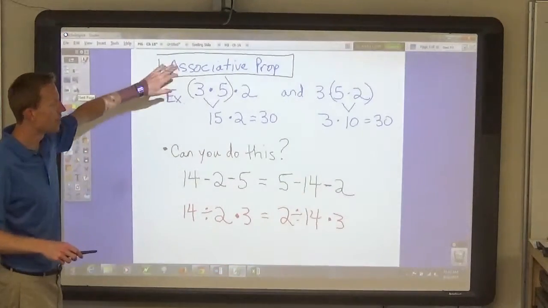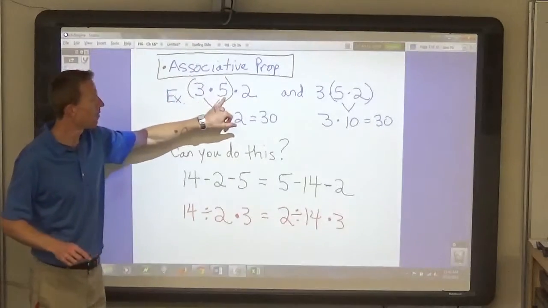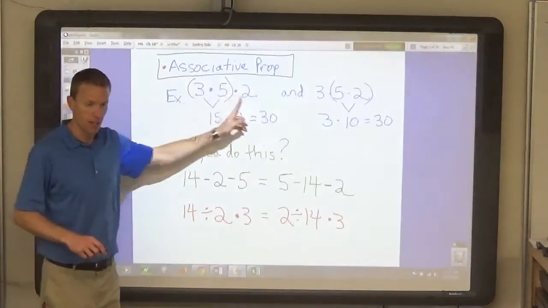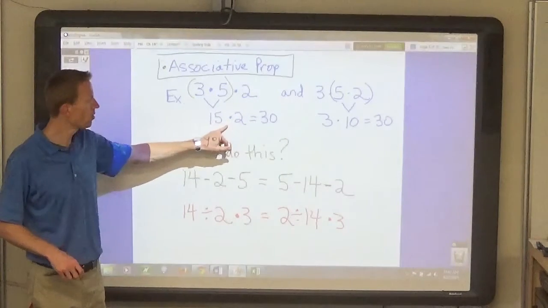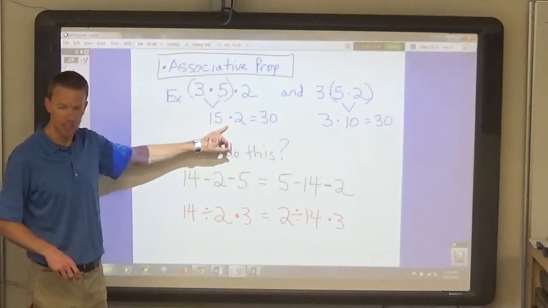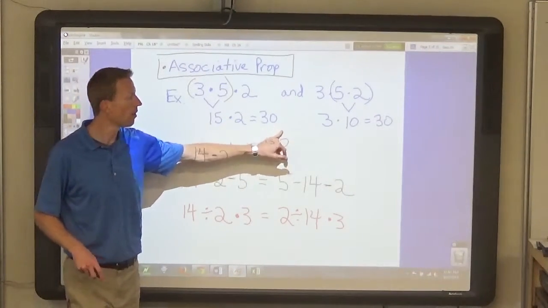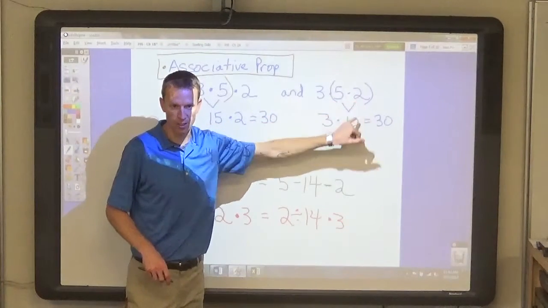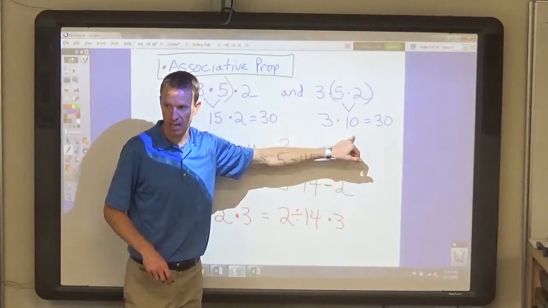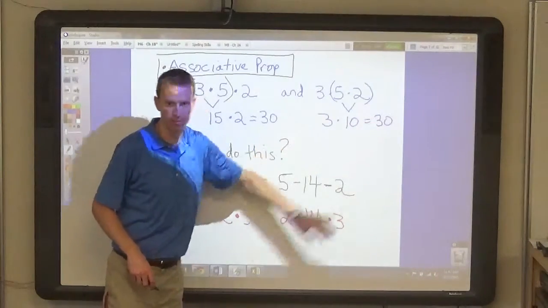Here's another example of the associative property of multiplication. 3 times 5 times 2, so these are all times, and you can do 3 times 5 first and get 15, and then multiply by 2 and get 30. Or you could do 5 times 2 first and get 10, and then multiply by 3 and get 30.